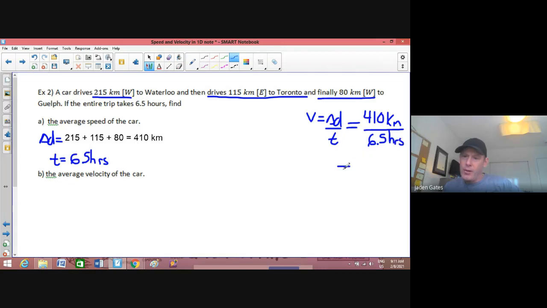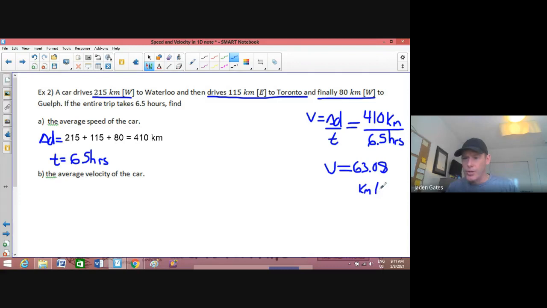I divide those two to get my velocity, or sorry, my speed. Got to watch my language here. Again, we're getting a decimal answer to 2 decimal places. I'm getting 63.08. And again, kilometers in English means per, so kilometers per hour.